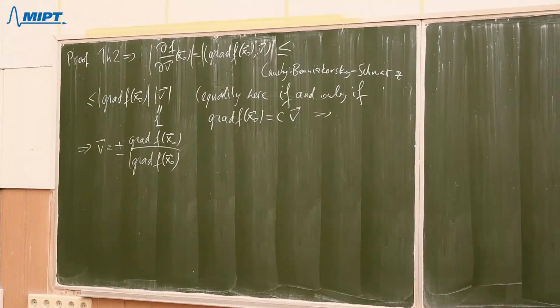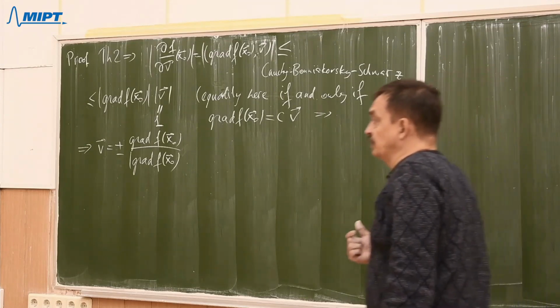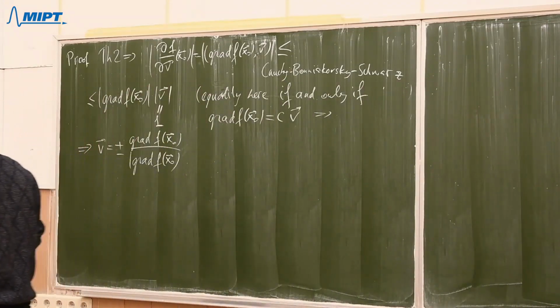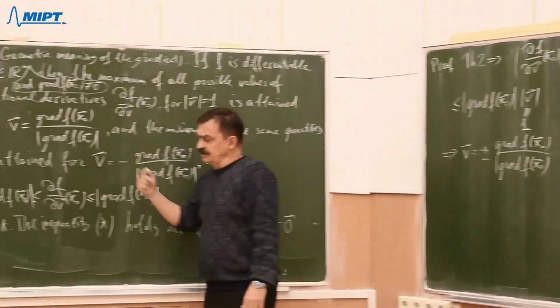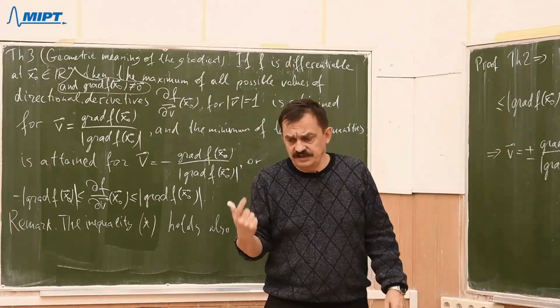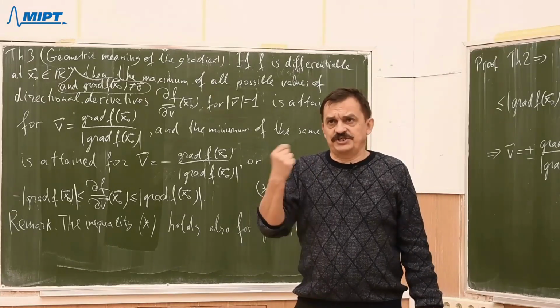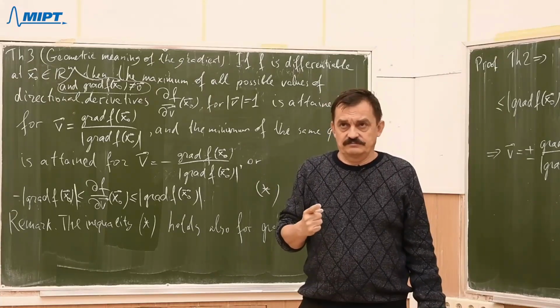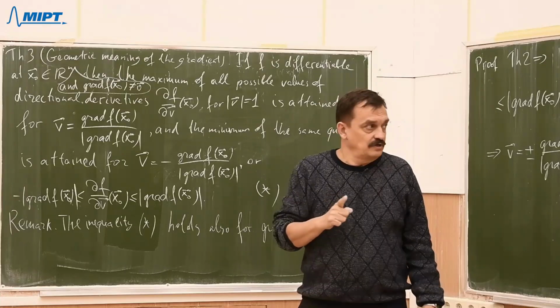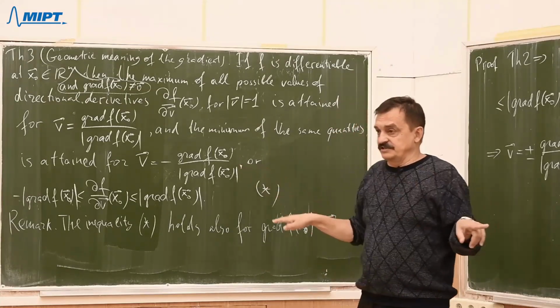And why is this the geometric meaning of the gradient? Because remember, what is the directional derivative? Directional derivative indicates the instantaneous rate of change in the direction. So we have many directions.